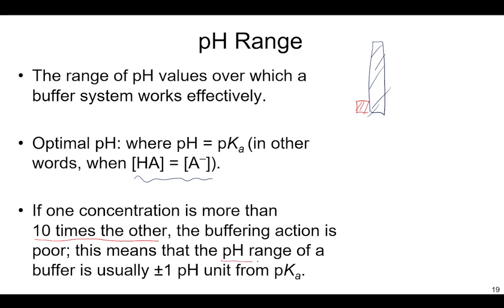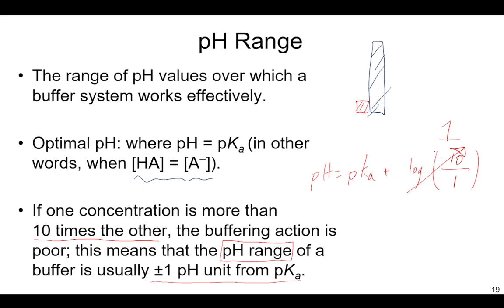And so the pH range, or the range of pH values that will correspond to, is about plus or minus 1 from the pKa, right? Because thinking back to our Henderson-Hasselbalch equation, if there's a 10 to 1 ratio here of base to acid, okay, log of 10 will be 1.